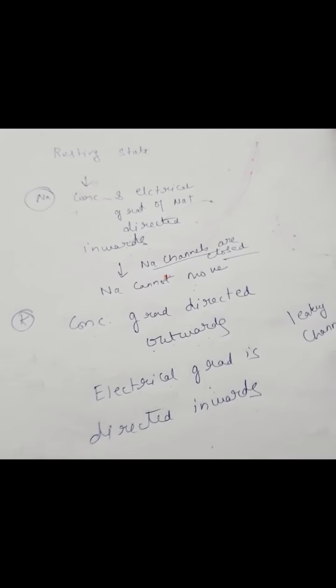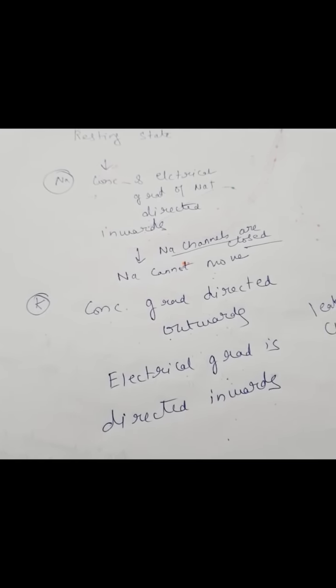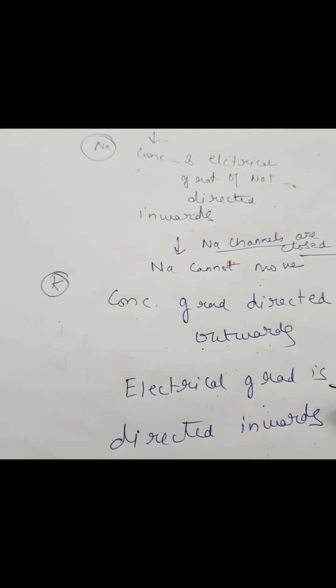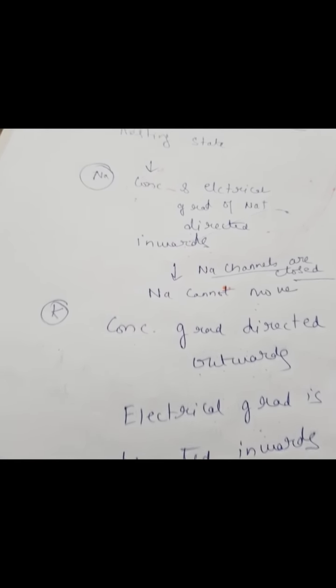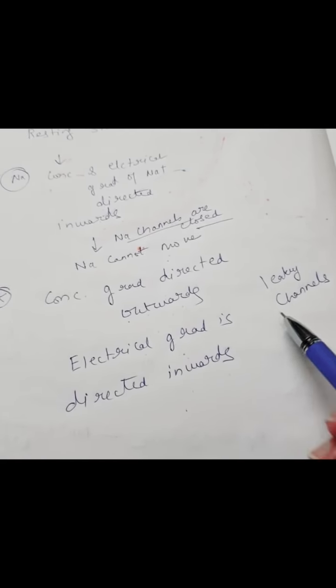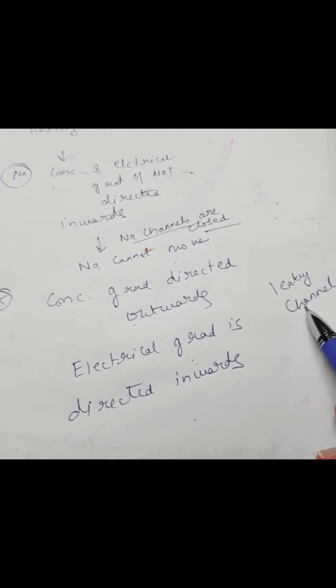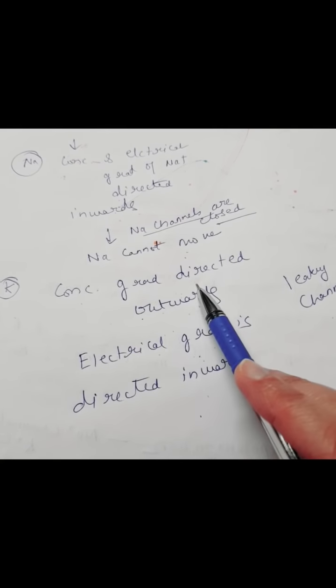Okay, this way resting membrane potential is produced, as you have seen earlier. So at rest, no potassium movement occurs through the leaky channels because the electrical and the chemical gradient, directed in opposite directions, become equal.